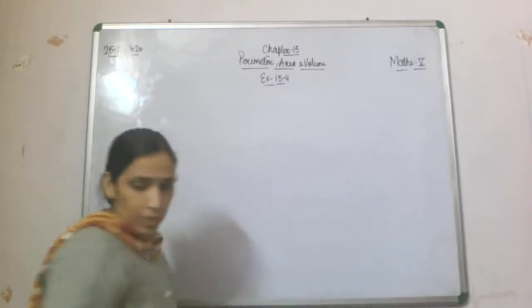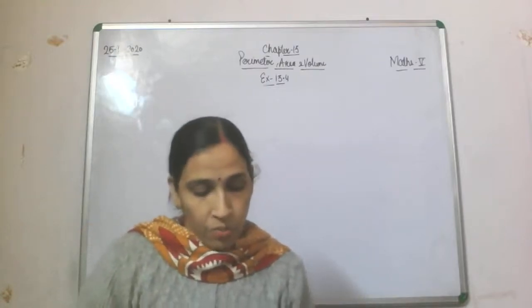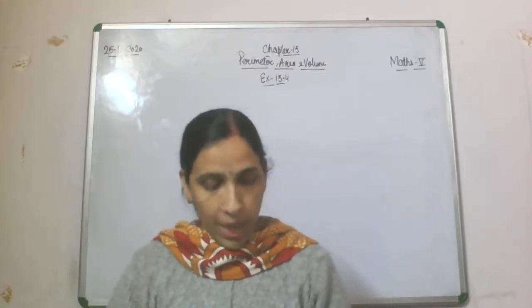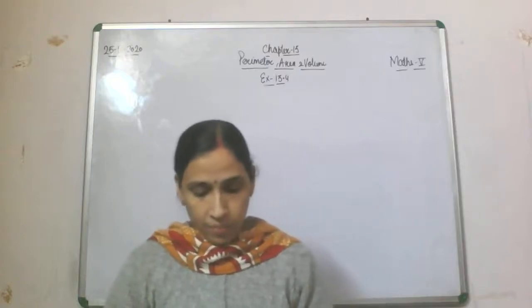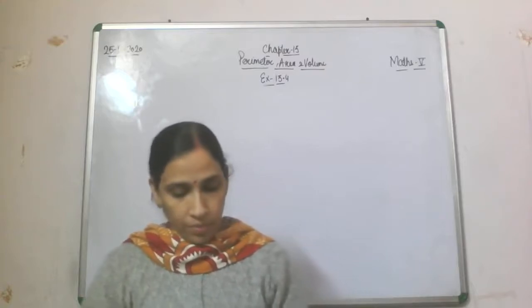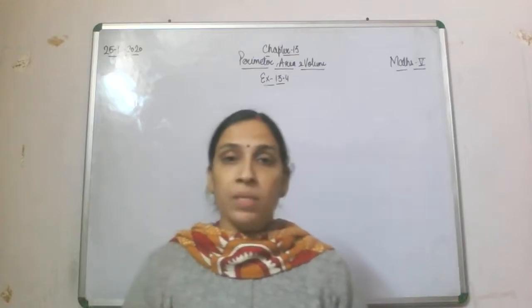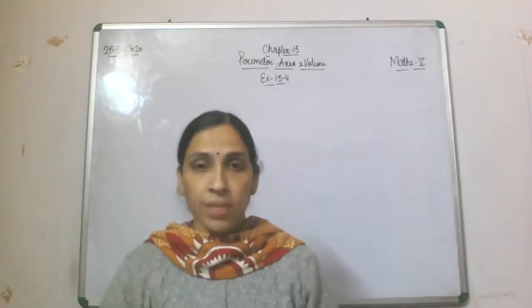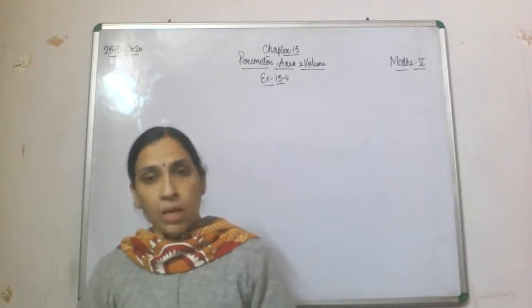In question number 10, you have been given a solid metal block which is 25 centimeter long, 15 centimeter wide and 10 centimeter high.